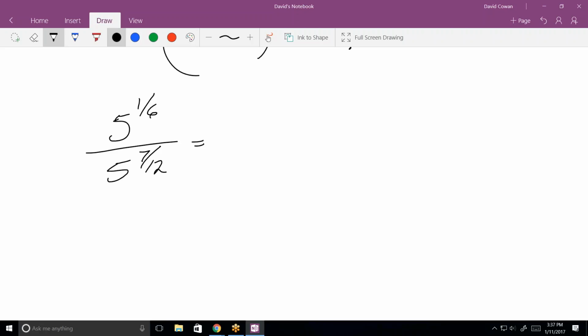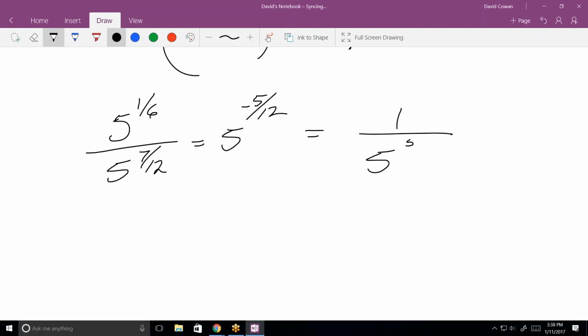That's going to be equal to 5 to the negative 5/12. Correct. So it'd be 1 over 5. At some point, they're going to tell you, always give your answers with positive exponents. So you need to flip it to the denominator. Right. It'd be 1 over 5 to the positive 5/12.